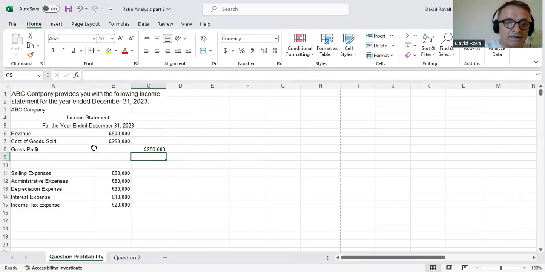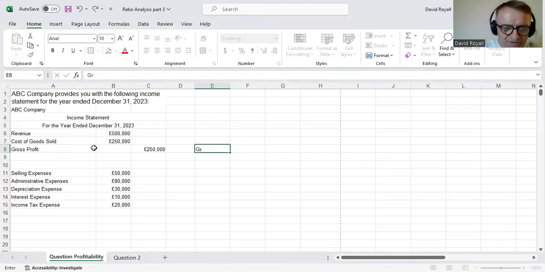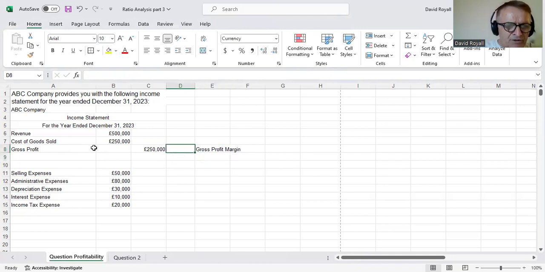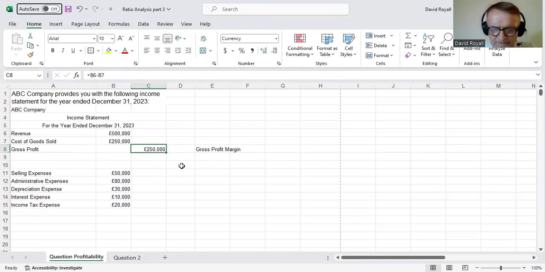So how do we work that? What do we mean by gross profit margin? Well, hopefully from the previous videos, you will know that that is equal to the gross profit divided by the revenue.